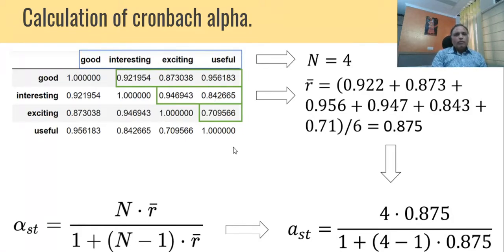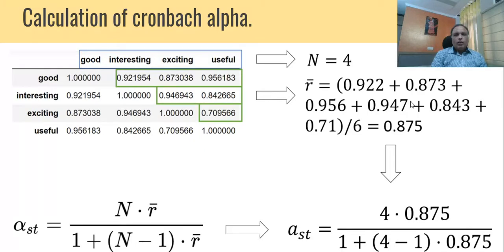So what we need to do, guys, is this formula, with capital N. How many variables do we have? 1, 2, 3, 4. So capital N is 4. And for the coefficient, you can see R bar. This is 0.921, here we have 0.922, 0.946, here we have 0.946, 0.842, 0.873, 0.70, 0.71, right?